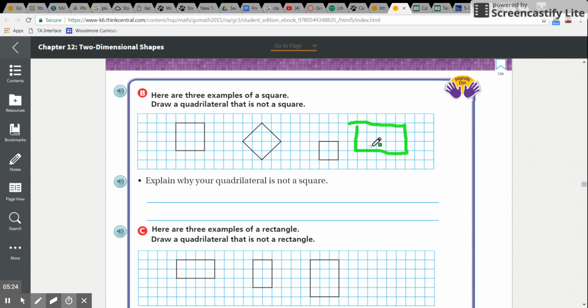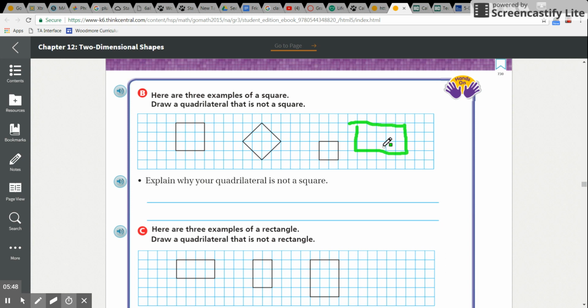My rectangle is not a square because it does not have four sides of equal length. My top is the same as the bottom, and my left is the same as the right, but they are not all the same. A rectangle and square are pretty close together, but a square has four sides of equal length, but this one only has the opposite sides that are equal.